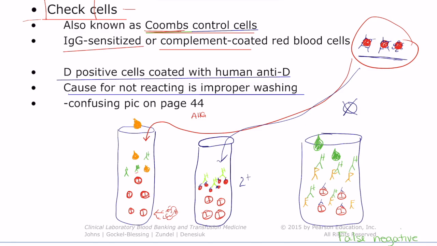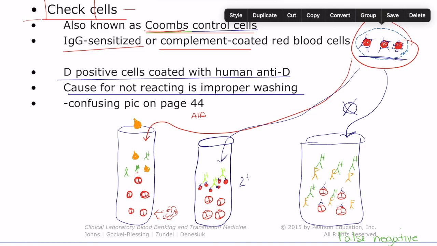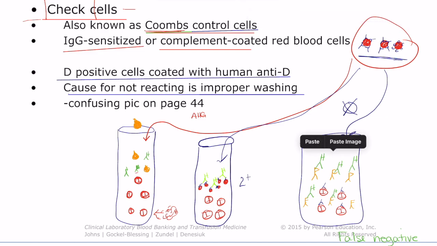Now, how do we verify that we've done everything properly? This is where your check cells come in. Whoops. This is where our check cells come in. So we would add our check cells right here. Let's see if I can do this a little easier here. We're going to add them.